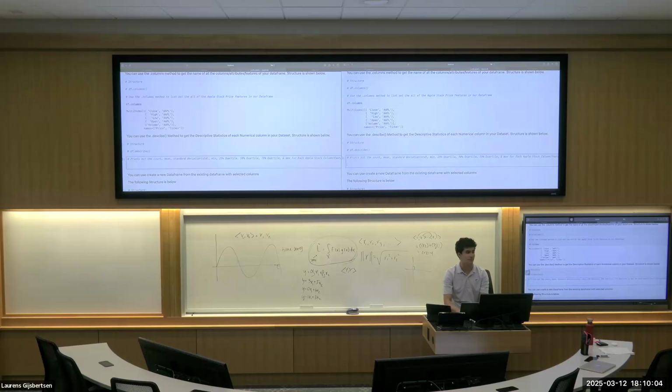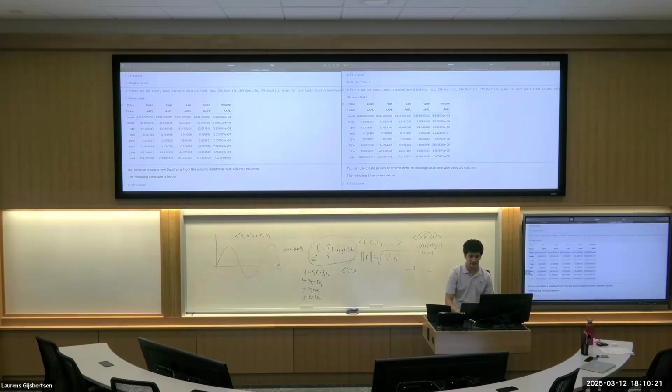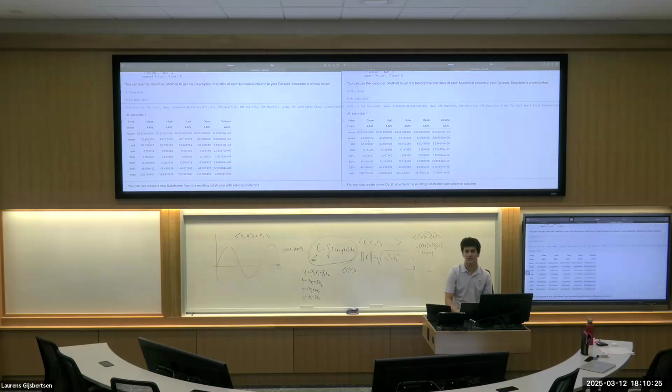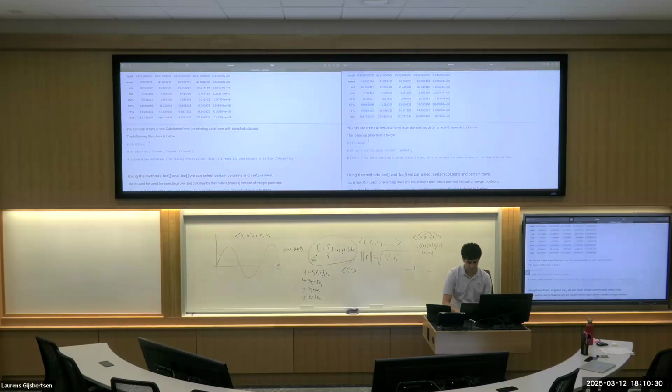The describe method gives you descriptive statistics such as the count, mean, standard deviation, 25% quartile, and other whisker plot statistics. If we do df.describe, we can get how many trading days there are, the mean of the Apple stock price, the standard deviation, and the max. Has everyone tried it? Is it good? Okay, I'm going to move on.